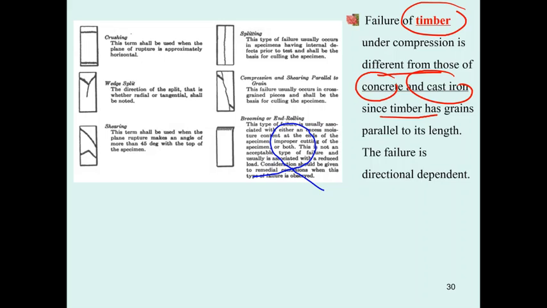But anyway, the failure of timber can be classified as crushing, splitting, and shearing. Splitting is mostly in wood that's subjected to force parallel to the grain. We classify it like this.